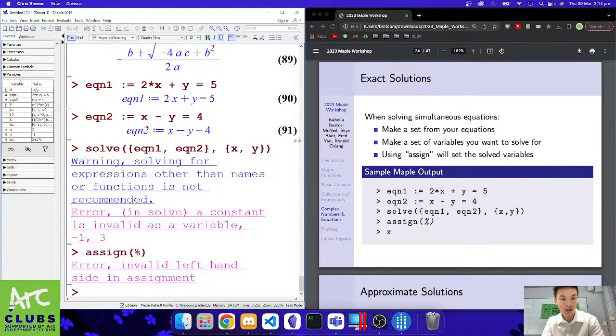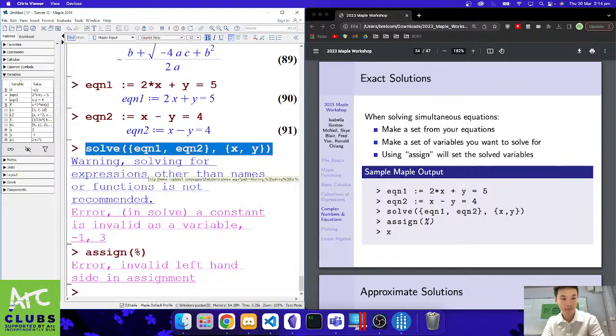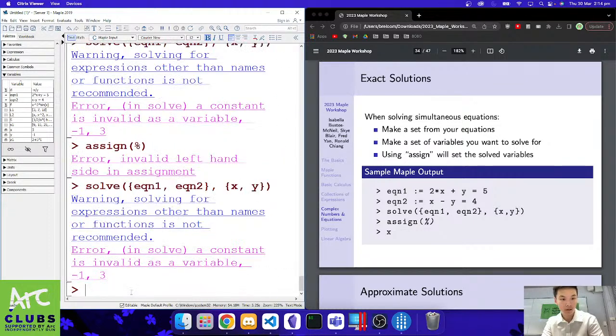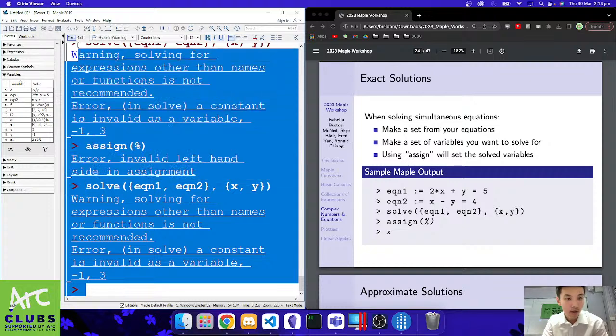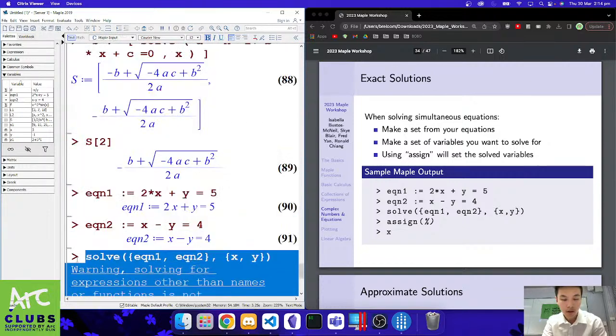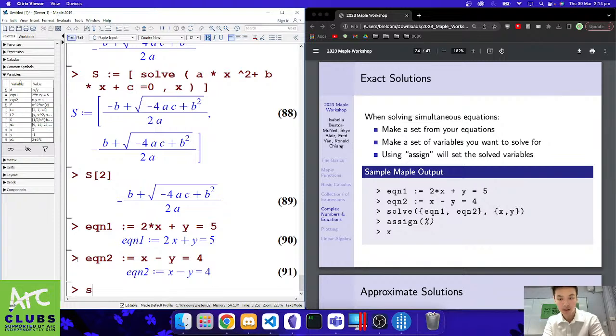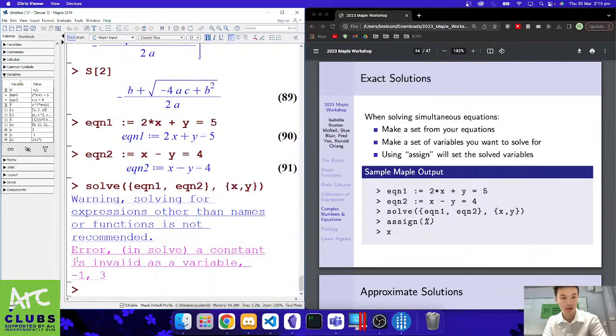What is going on here? Okay, let's do this again. Solve equation 1 and equation 2, and that should get us these solutions again. Solving for other than names of functions.